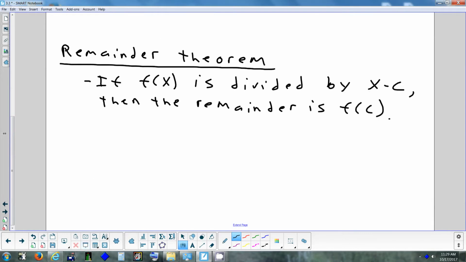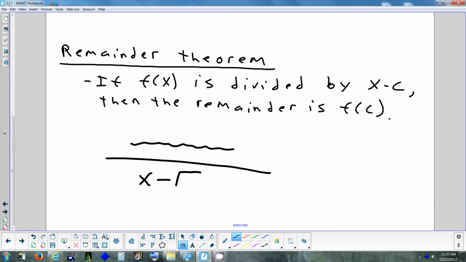So, this theorem that I'm going to give you only works in a very specific situation. If you have some polynomial on top, that's f of x, and the bottom is x minus something in that box, that's the only kind of problem this is going to work for.